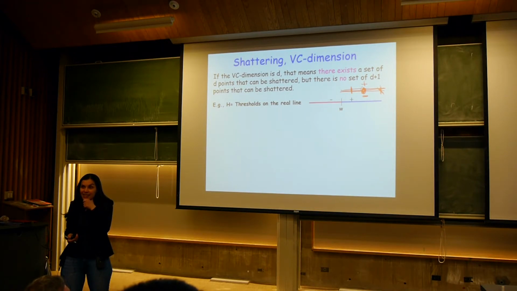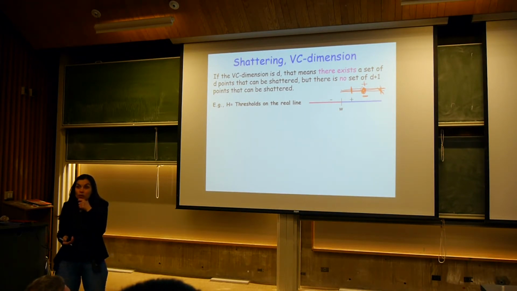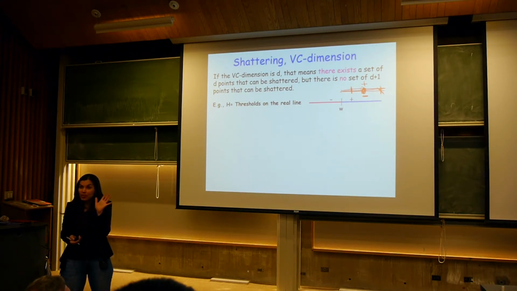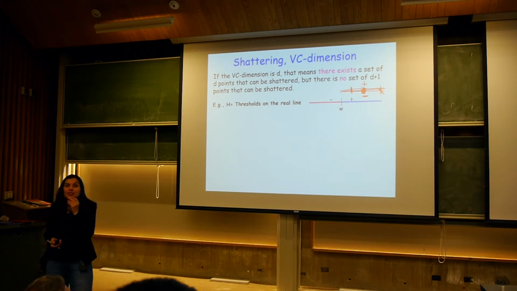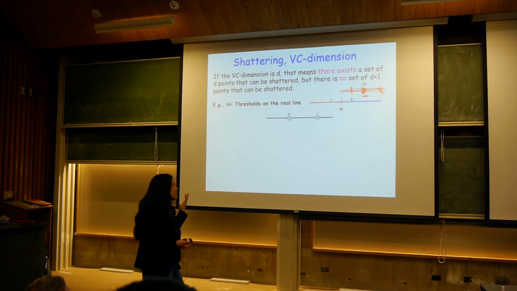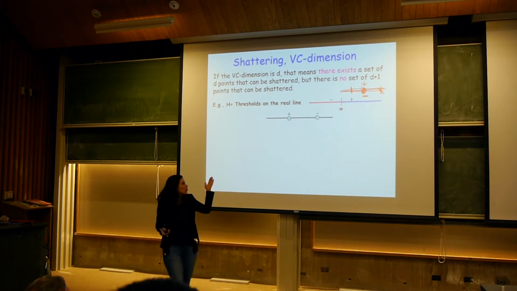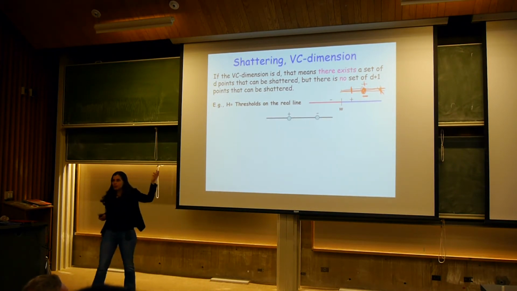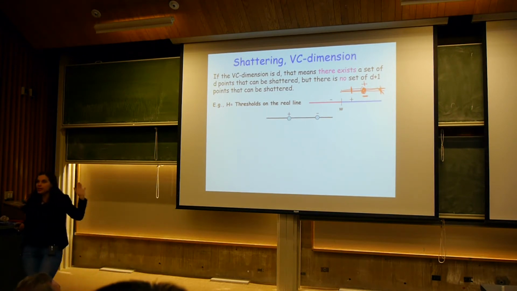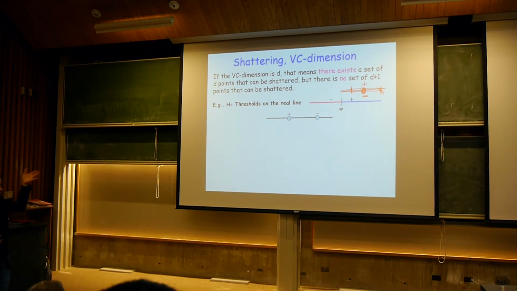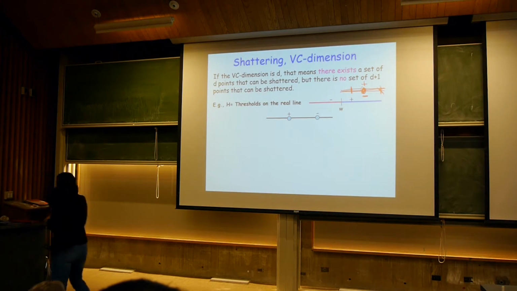Right? You think we can by using only one single threshold? That's all I'm allowed to use. So if I have 2 points, to shatter them I need 4 labelings, but there is a labeling of these 2 points that I cannot obtain, so this one labeling is not achievable.